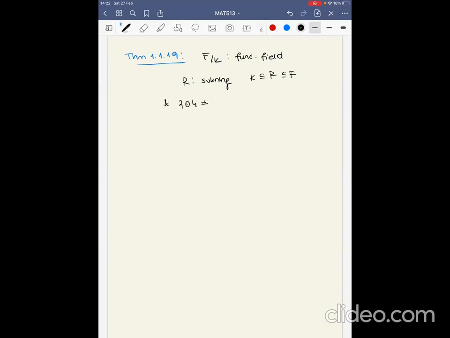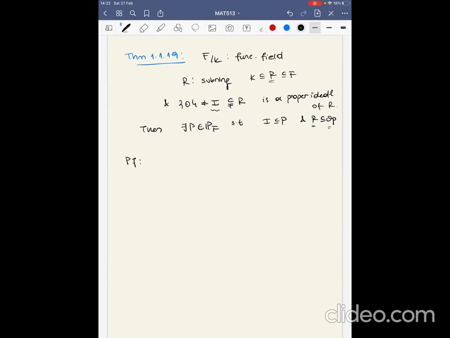And we suppose that I is a proper ideal of R. Then there exists a place P which contains the given proper ideal I, and the corresponding valuation ring O_P contains the given ring R.